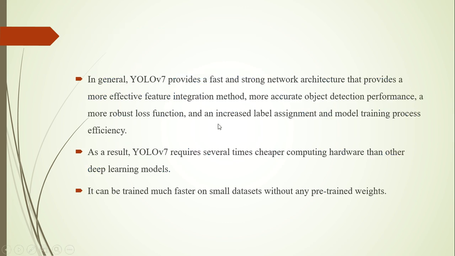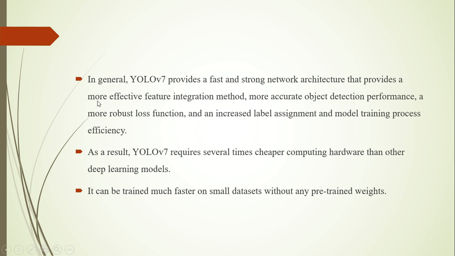And generally, why YOLO V7 compared to YOLO V5? YOLO V7 provides a fast and strong network architecture, an effective feature integration method, and more accurate object detection performance. It also comes with key features like a robust loss function, improved label assignment, and model training process efficiency.